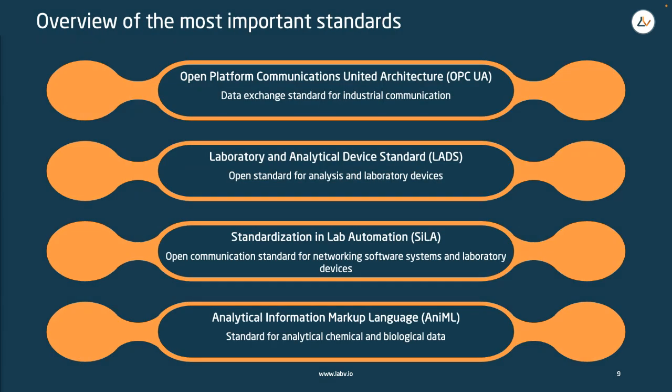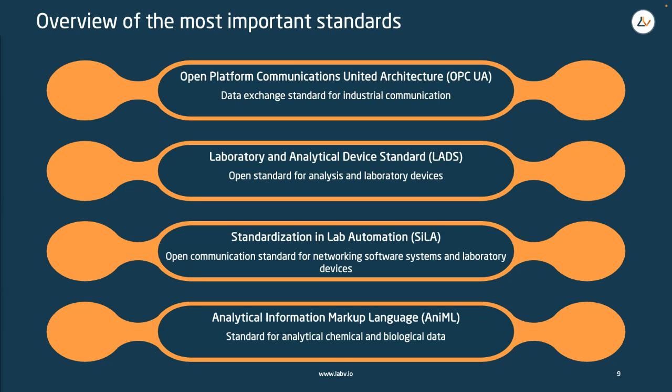To give you an overview of the most important ones: OPC UA, which stands for Open Platform Communications Unified Architecture. This is an open interface. It's a data exchange standard that's usually used in industrial communications of any type. It could be machine to machine, or PC to machine, for example.